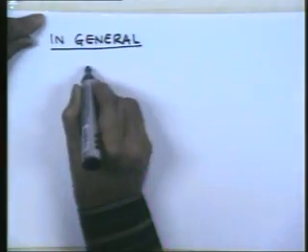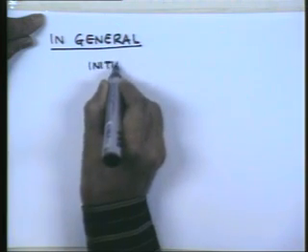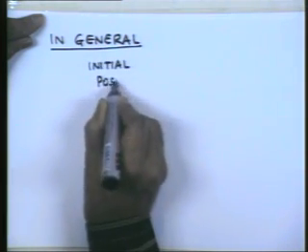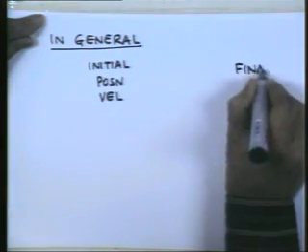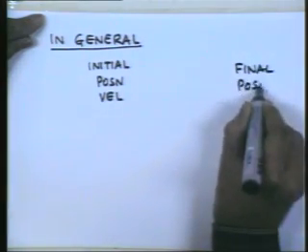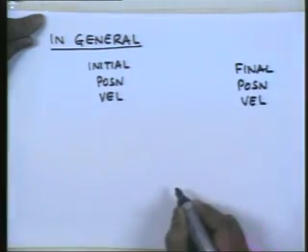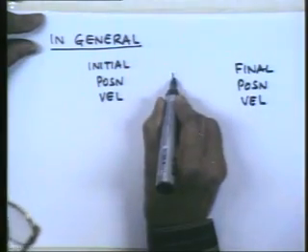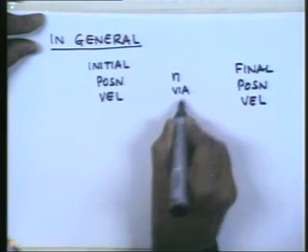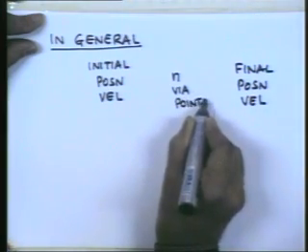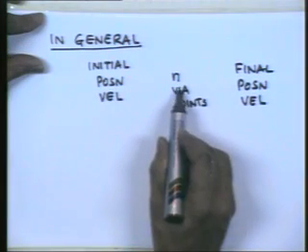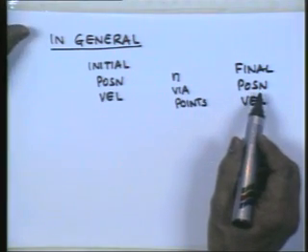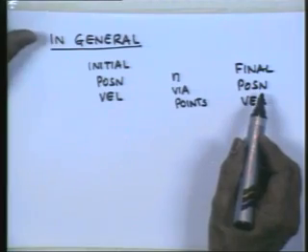In general, you have initial position and velocity specified, final position and velocity specified, and in between you have specified n via points. So we talk in terms of totally 1 plus n plus 1, so n plus 2 points, and so we are talking in terms of n plus 1 cubic segments to be fit.